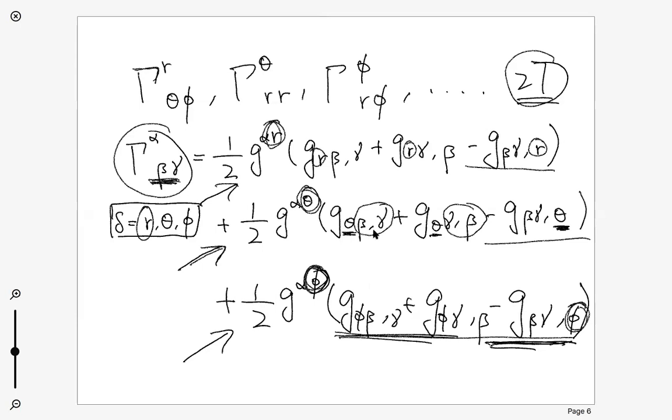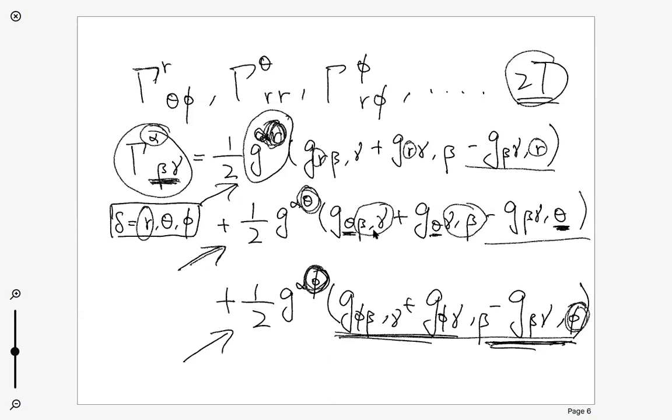Now maybe let's look at the first inverse metric here. What this means is we have a specific index here, that's the second one, R. But alpha here is not specific yet, because the alpha here corresponds to the alpha here.